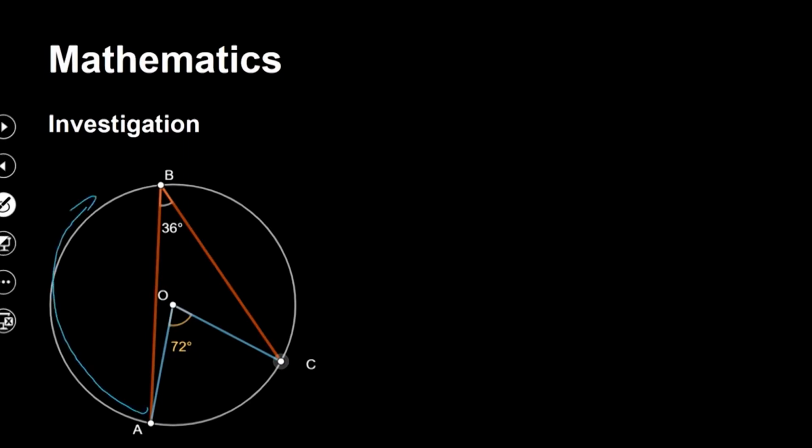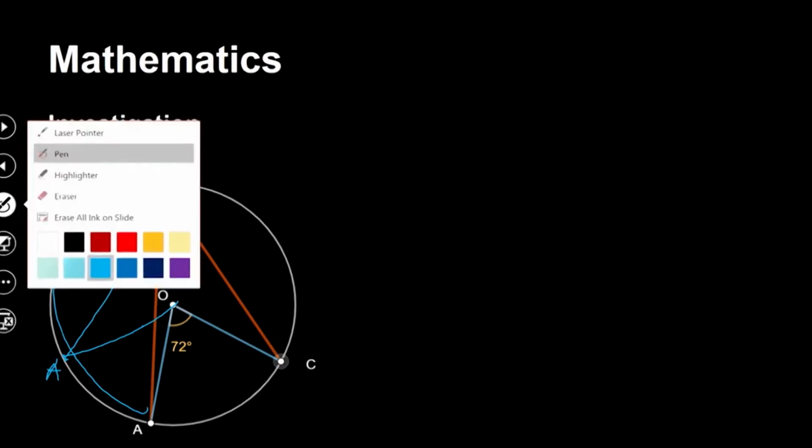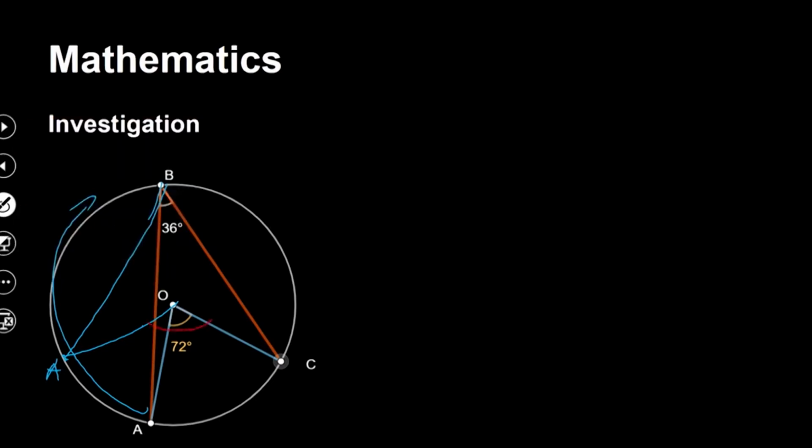So if I then put my point A here, and I have that angle there, and I have this angle there, what will be the relationship of this angle here with that angle? Will it still have this same relationship that we are seeing right now, where one is half of the other? That's what you need to try and figure out with that.